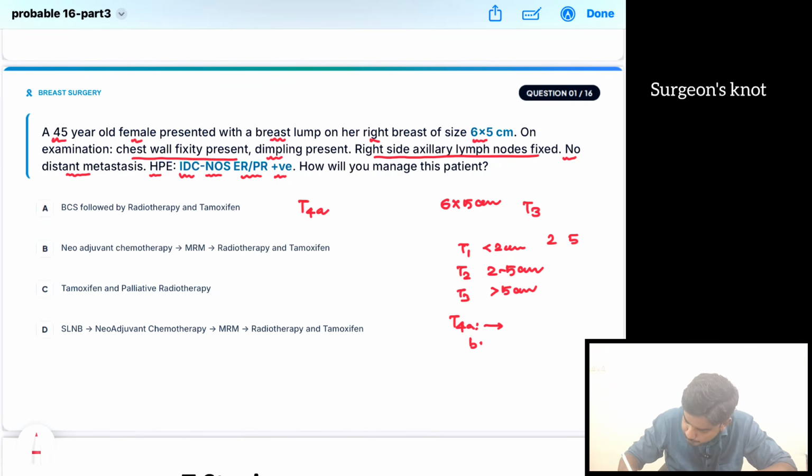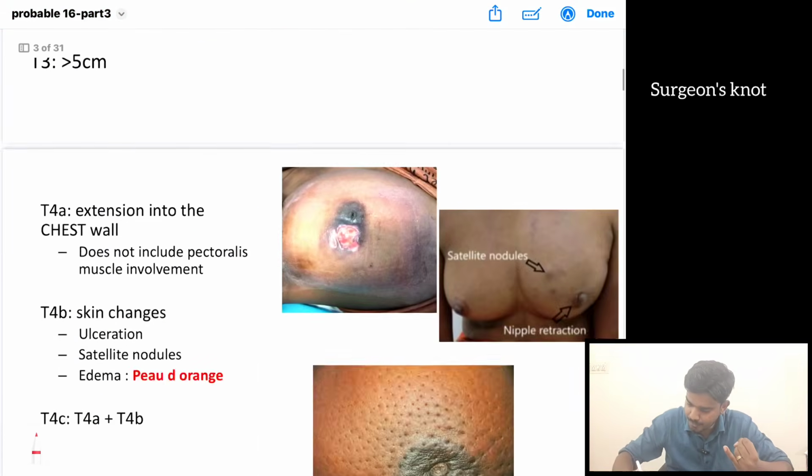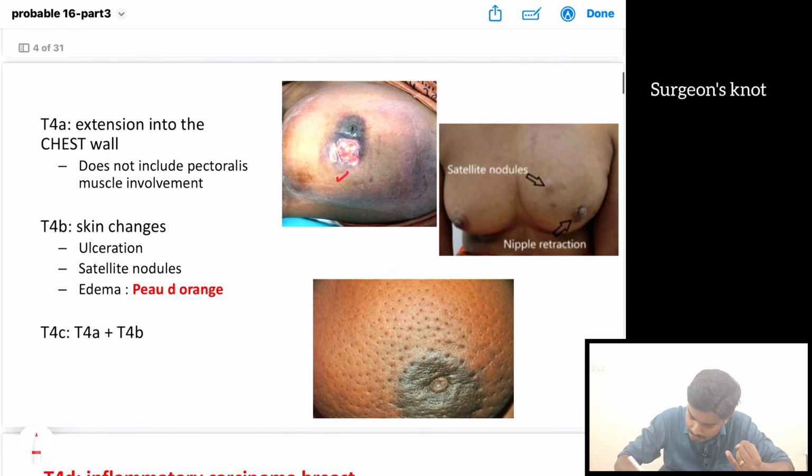What is T4B? If there is any skin involvement, either it can be an ulcer, as shown in this image, it can be satellite nodules, or if there is PUDRH. What is this PUDRH? It is the involvement of subdermal lymphatics. If any one of these three is there, then it is T4, if any skin changes.